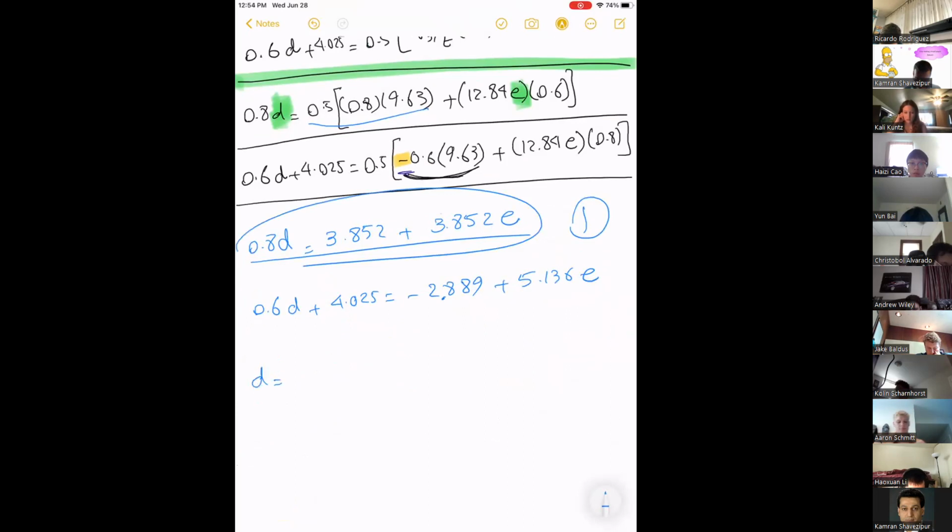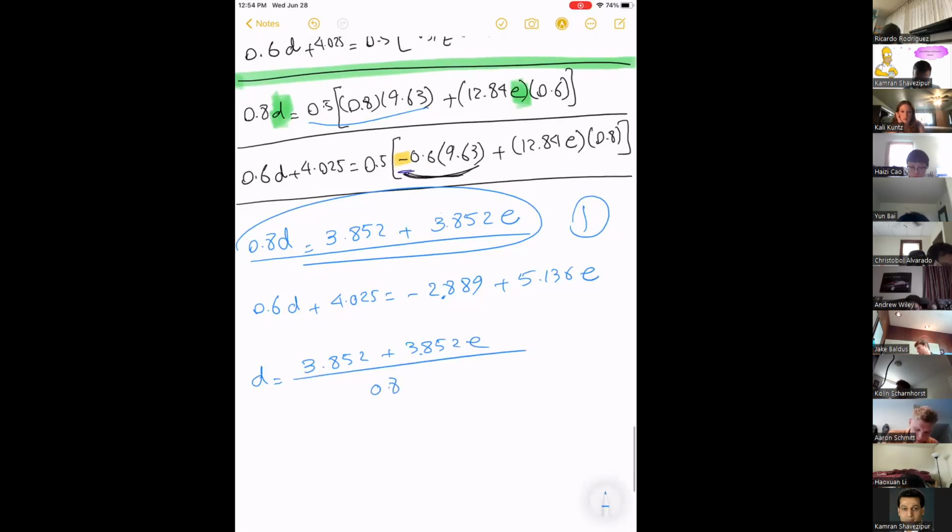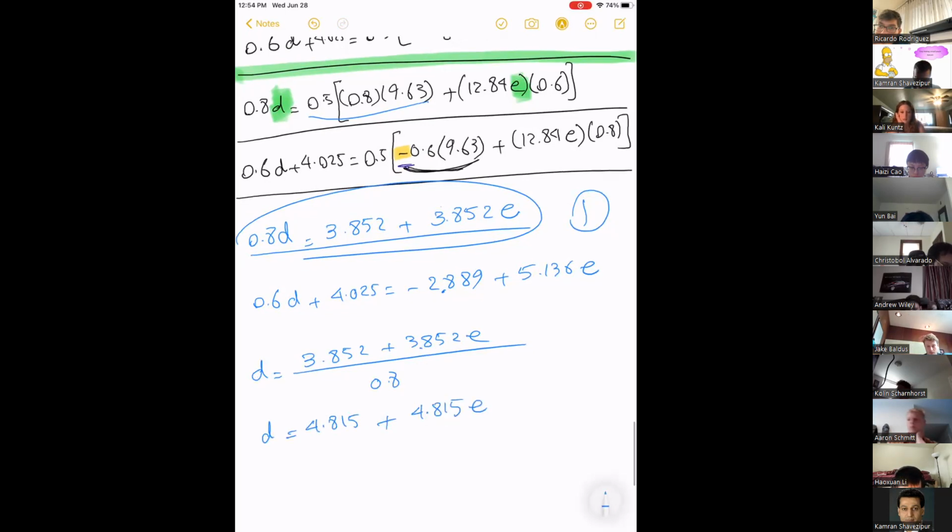So D is going to be 3852 plus 3852 E divided by 0.8, which is going to be, and then substitute in the second one.